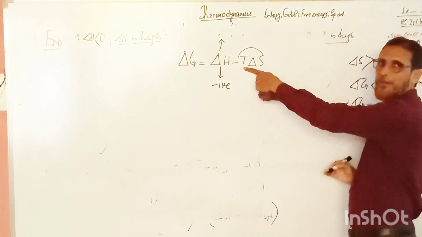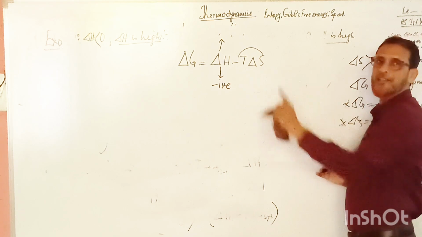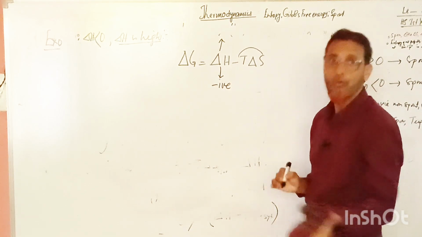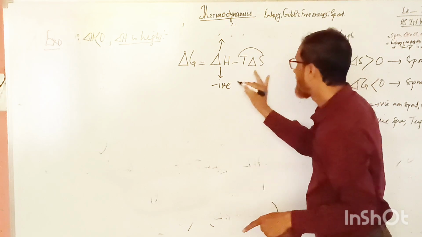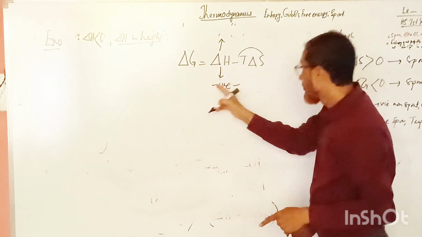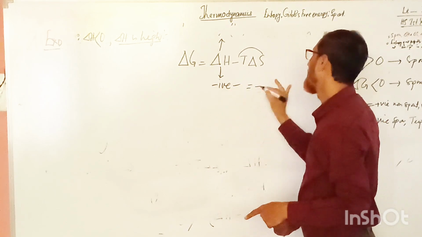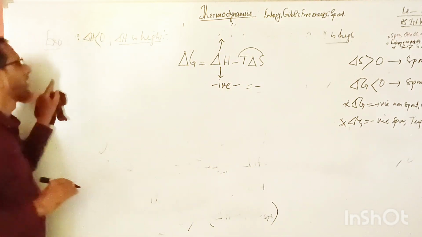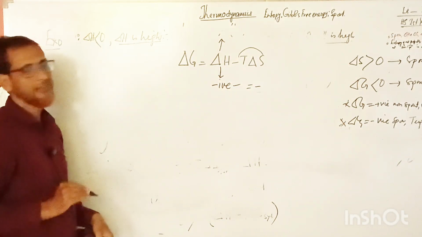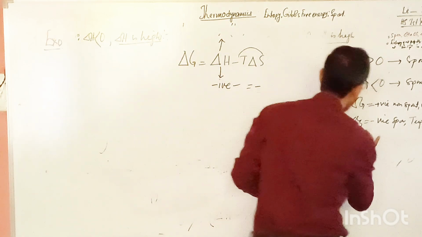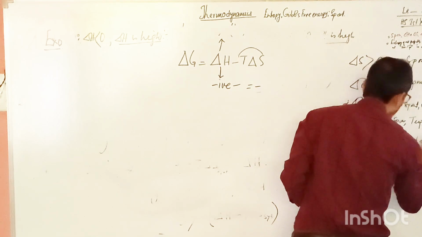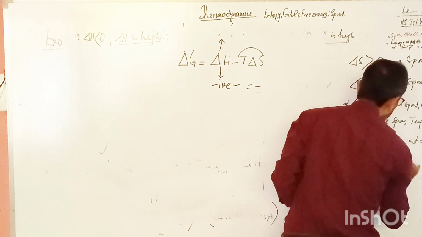So whatever temperature you use here, either low or moderate or very high, the answer is again negative. Both of these negative terms will give you negative. So for an exothermic reaction at any temperature, ΔG is negative. So ΔG is negative means spontaneous at all temperatures if the reaction is exothermic.